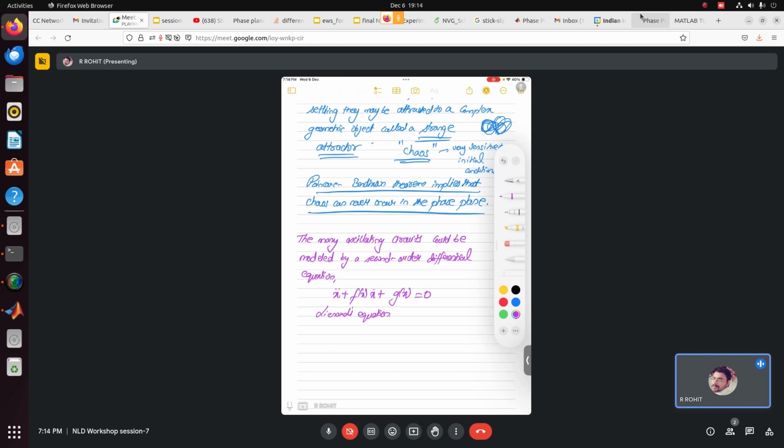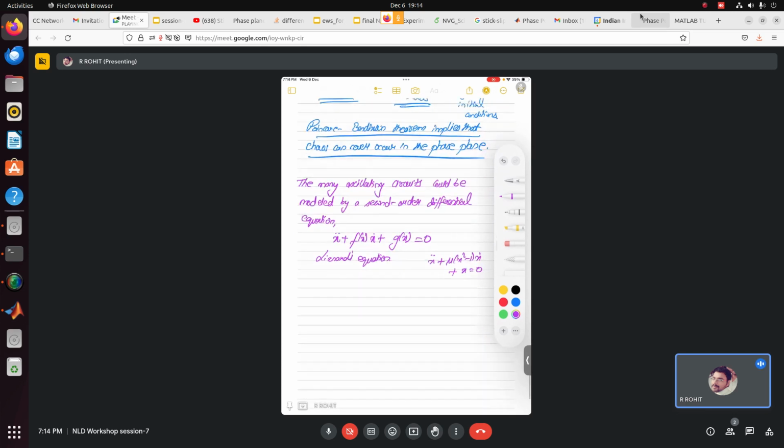Now this equation is a generalization of the van der Pol equation. If you remember, the van der Pol equation was somewhat like this: x double dot plus nu into (x squared minus 1) x dot plus x equal to 0. It can be interpreted mathematically as an equation of motion for a unit mass subjected to a nonlinear damping force. If you shift terms to this side, it's nothing but minus f of x into x dot minus g of x.